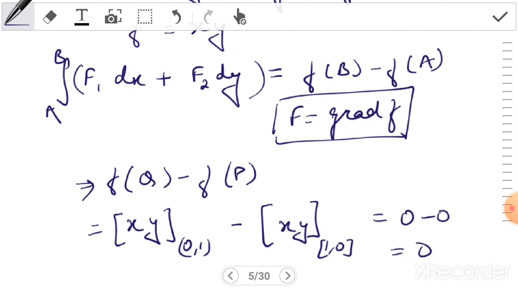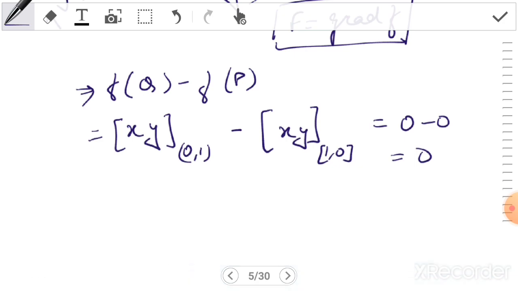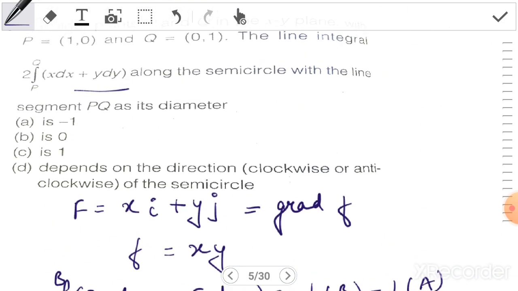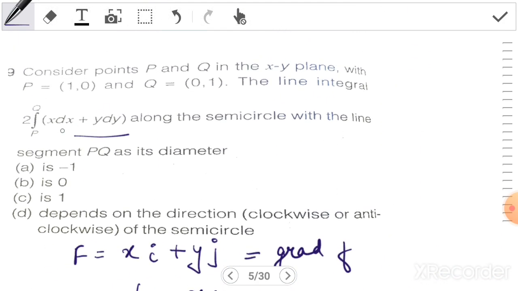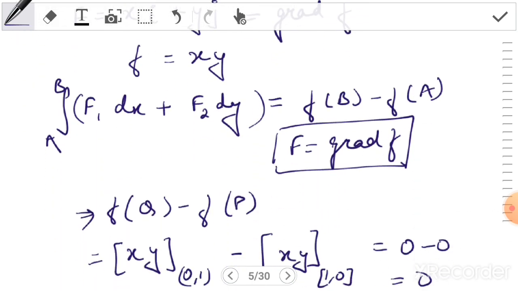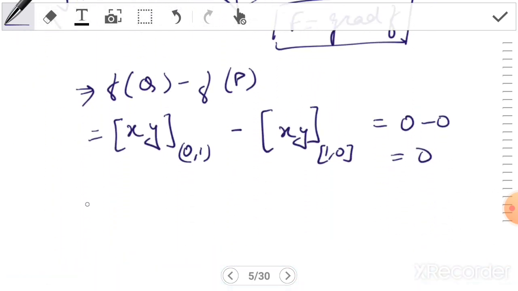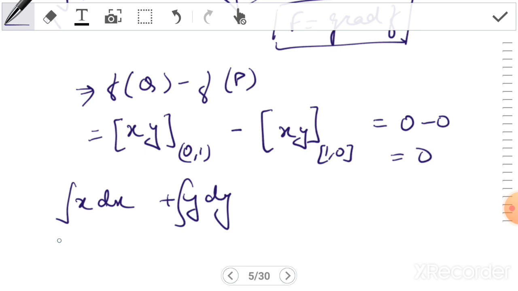You can verify this directly by integrating x dx plus y dy. So separate the integral, from (1, 0) and (0, 1).